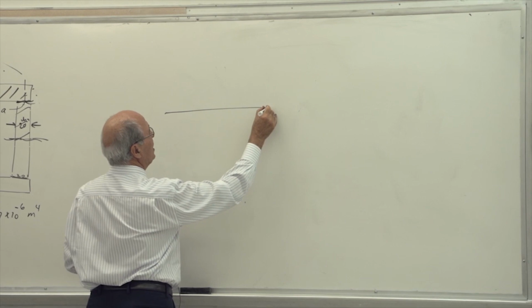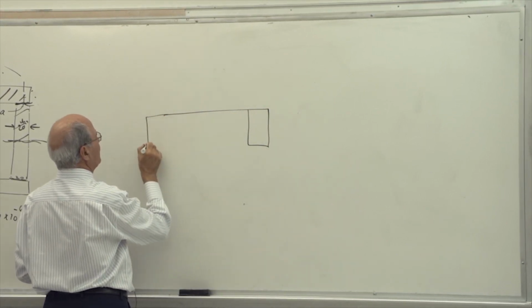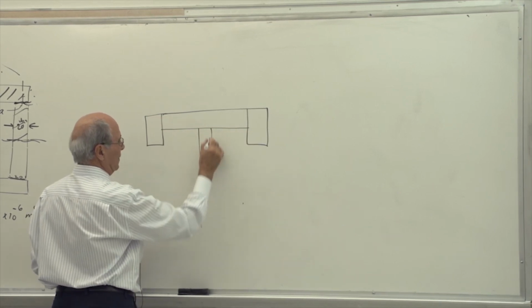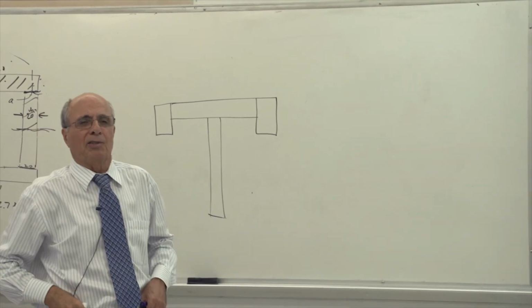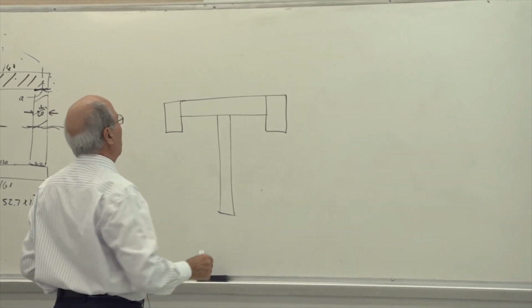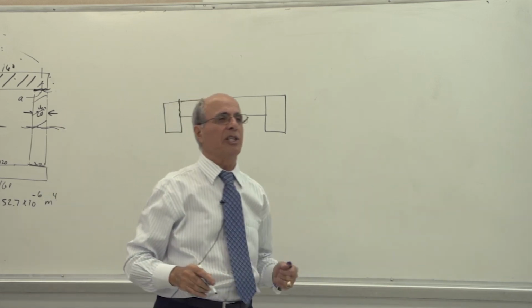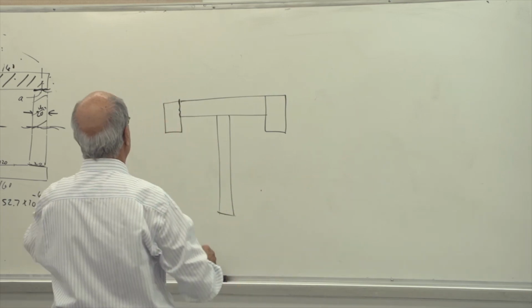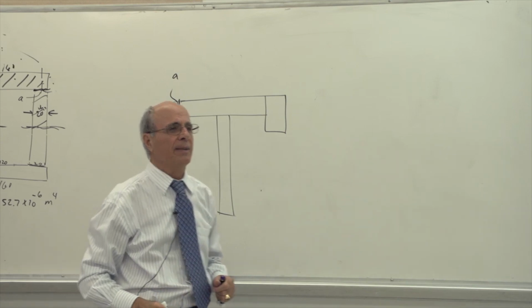So let's say you put a box like this. This is the cross section, it's some sort of furniture or something. If I want to calculate the glue here, what do I need? If I want to find the glue at A, what is my Q, what is my T?